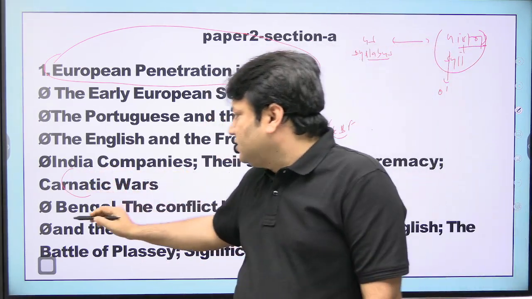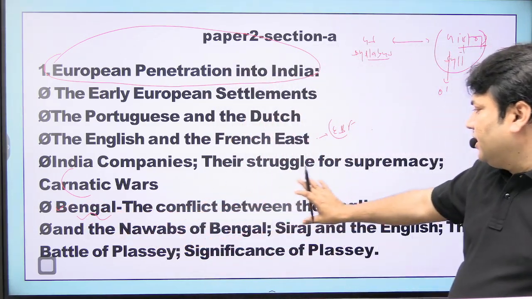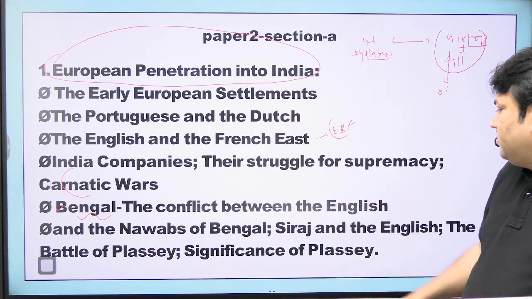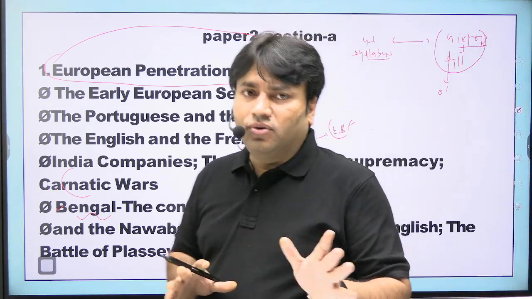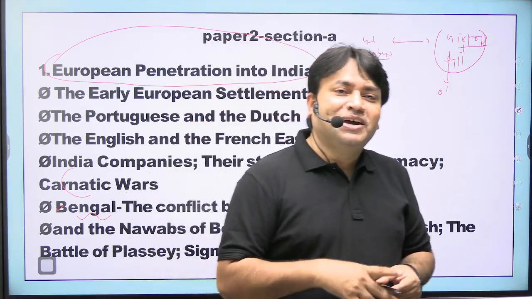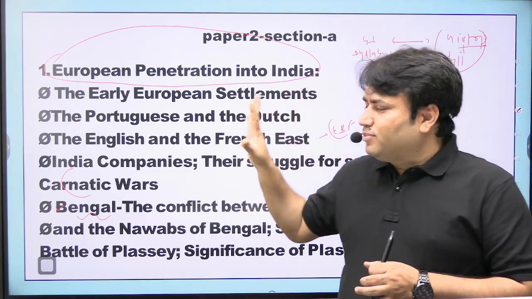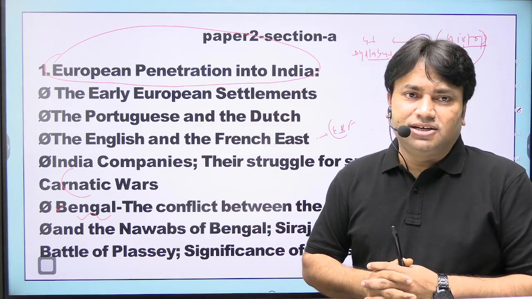And finally, there is another chapter, Bengal: the conflict between the English and the Nawabs of Bengal, Siraj and the English, the Battle of Plassey, significance of Plassey. If you open your notes, you will find that you have all written some points regarding these topics or developments.